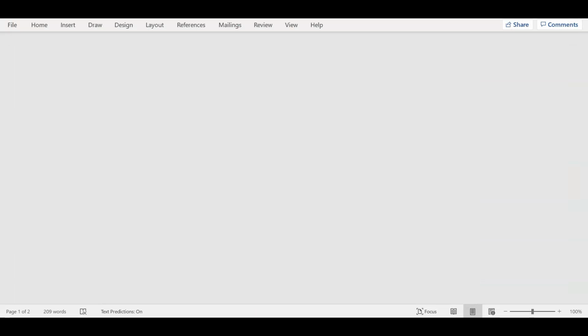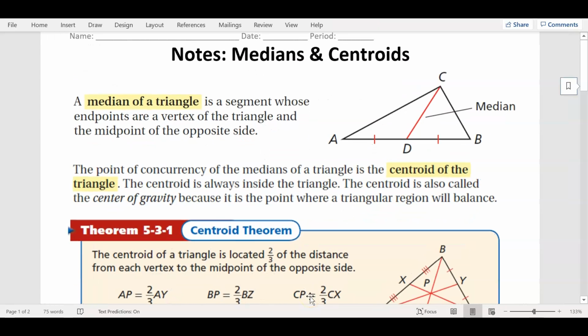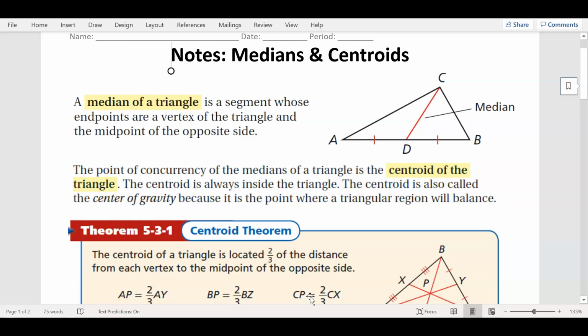Okay, right here. So, medians and centroids. Now, I'm going to be honest with you. This can be a little complicated. If you pay attention closely, you'll get it. It'll be all right. So make sure everyone's following along.